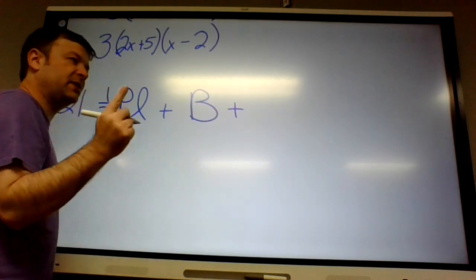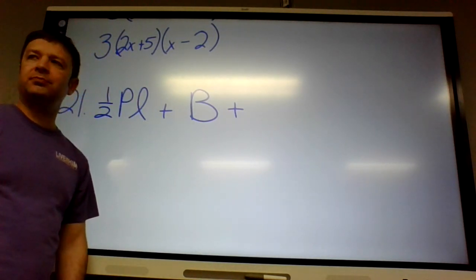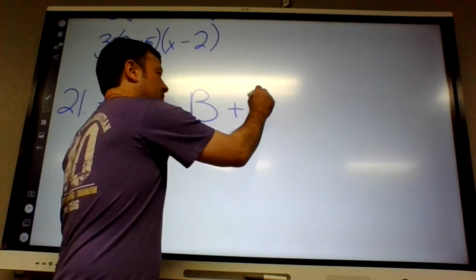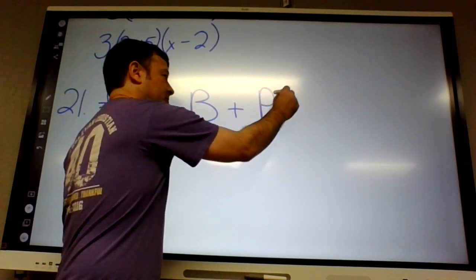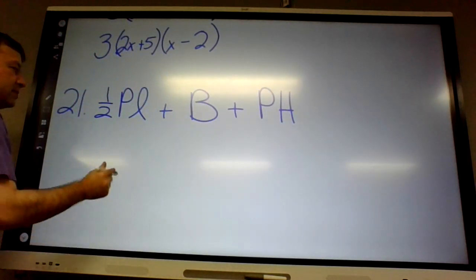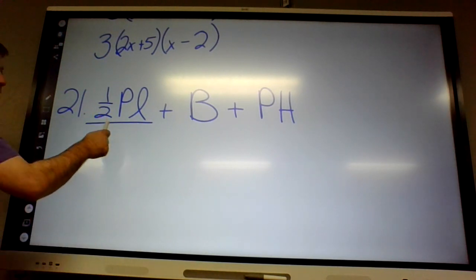plus, how did we find the lateral surface area of the rectangular prism? Perimeter of the prism's base times the height of the prism. So this is the lateral surface area for a pyramid.